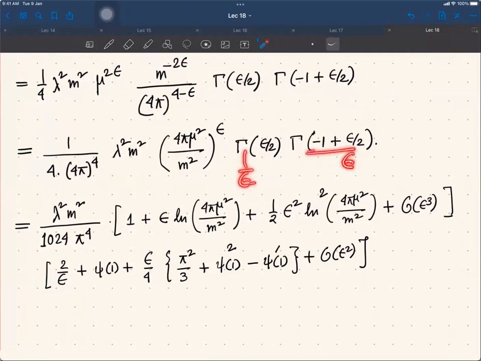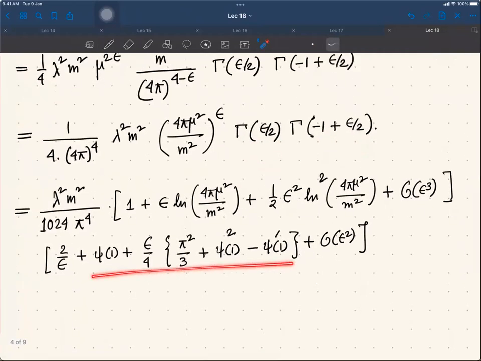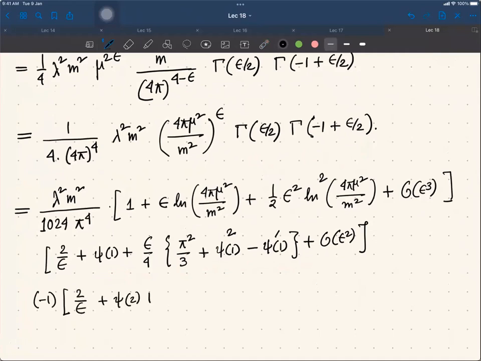Therefore, this gamma function has to be expanded up to order epsilon, and similarly the same argument applies to this gamma factor. So I have expanded up to order epsilon the first gamma factor, and then the second gamma factor will be given by minus 1 times 2 over epsilon plus psi 2 plus epsilon by 4 pi square by 3 plus psi 2 square minus psi 2 prime.